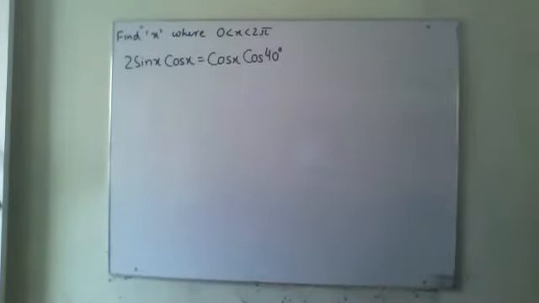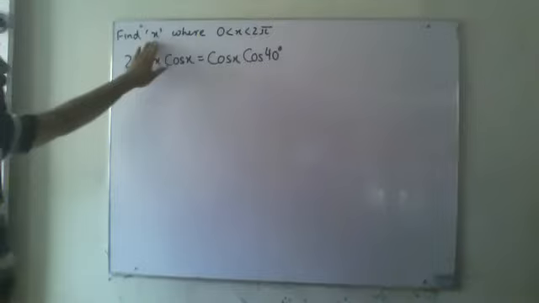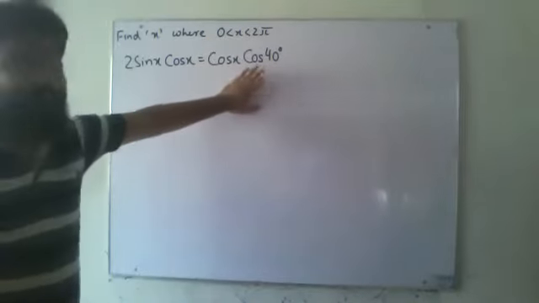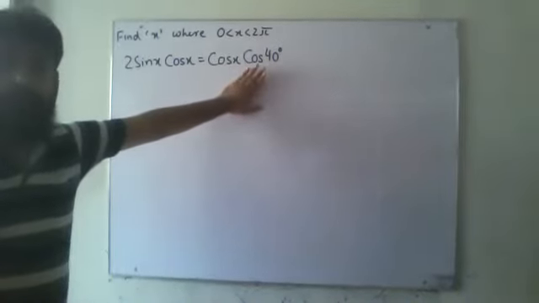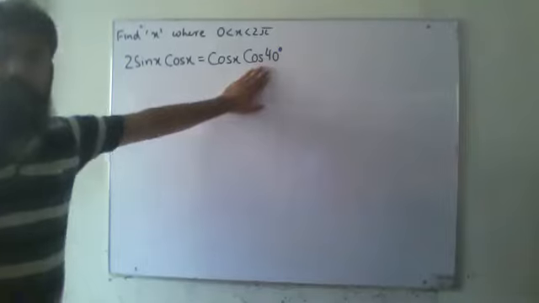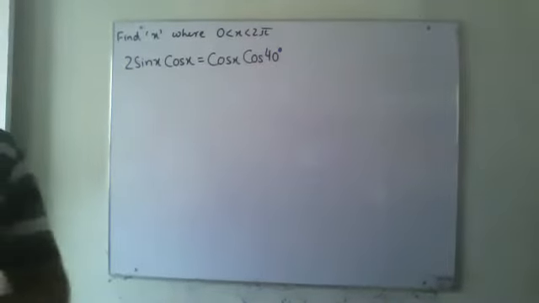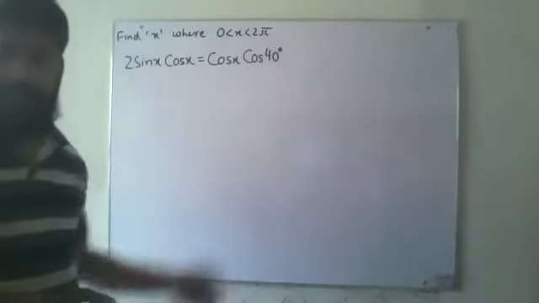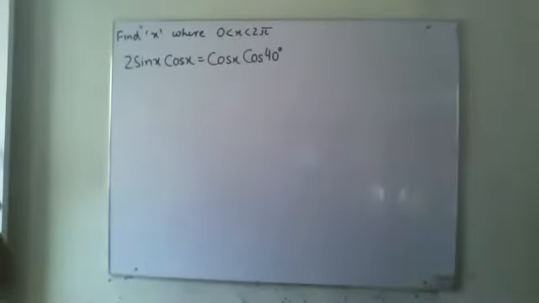The whole question will be solved in radian mode because it is up to 2 pi, but as you can see, this is written cos 40 degrees. So you have to find this value by first shifting your calculator to degree mode. You will find this value and then shift your calculator back to radian mode and we will solve the rest of the question over here.